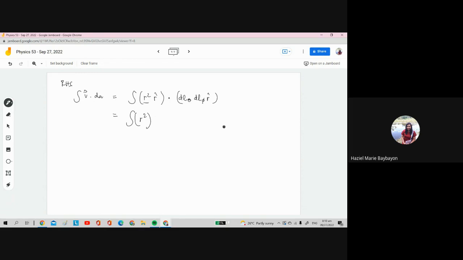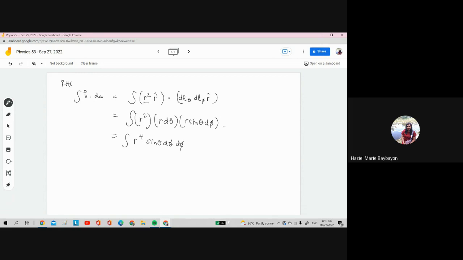Then dl theta is r d theta, and dl phi is r sine theta d phi. So you have the integral of r to the fourth sine theta d theta d phi.